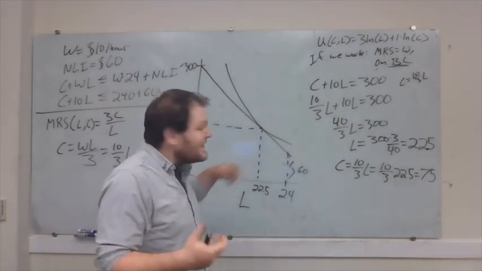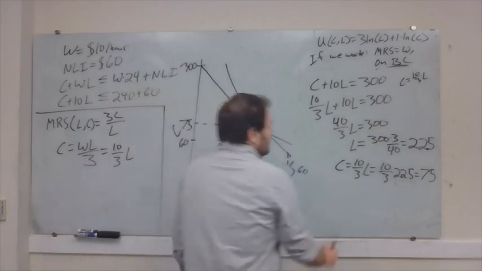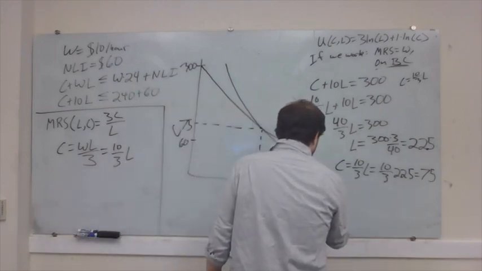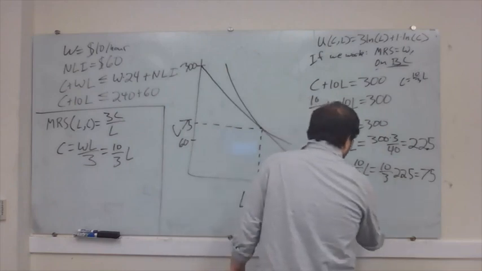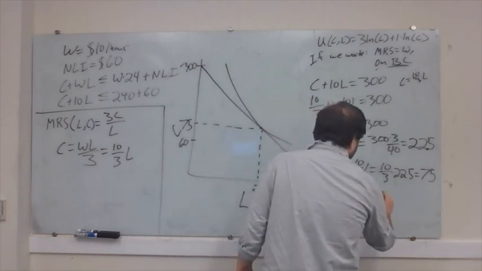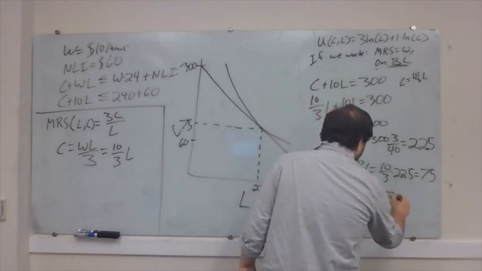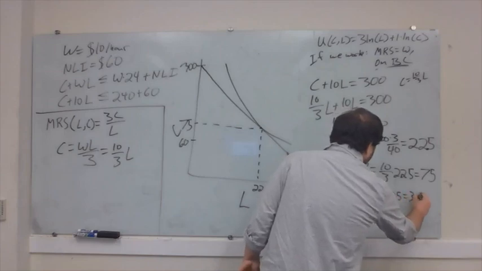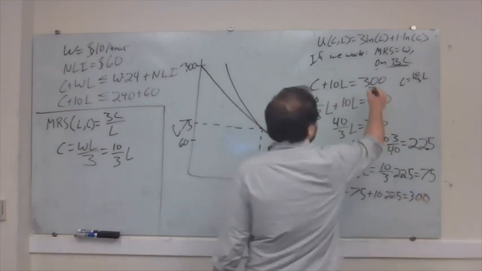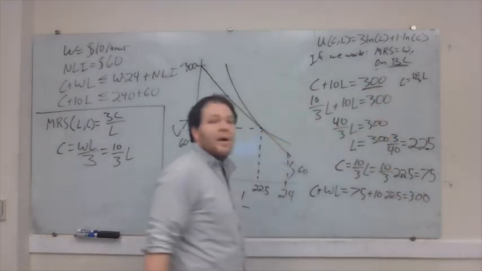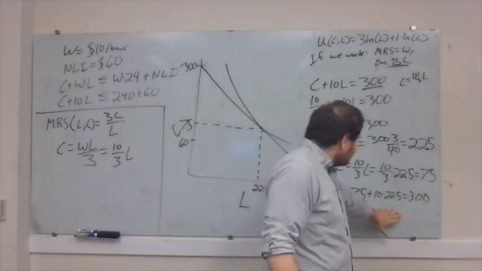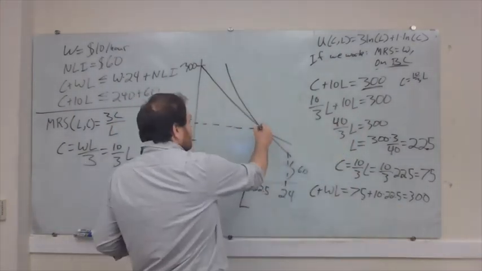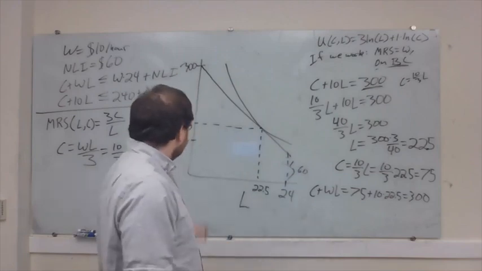So we can say C plus WL is going to equal 75 plus 10 times 22.5, which equals 300, which is of course the value of our total income. So we're good. We figured out that our optimal choice is going to be to spend 22 and a half hours in leisure and consume $75 worth of stuff.